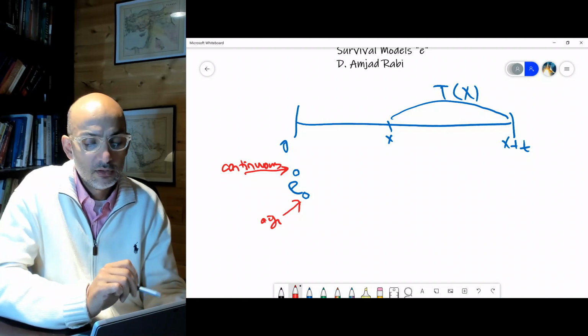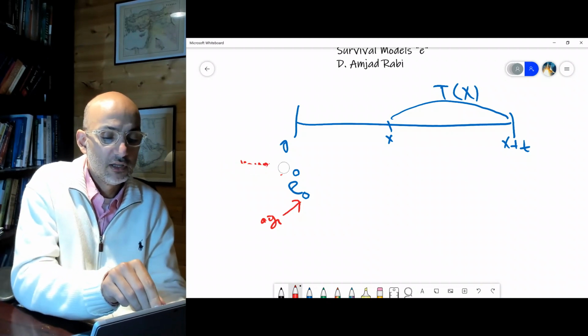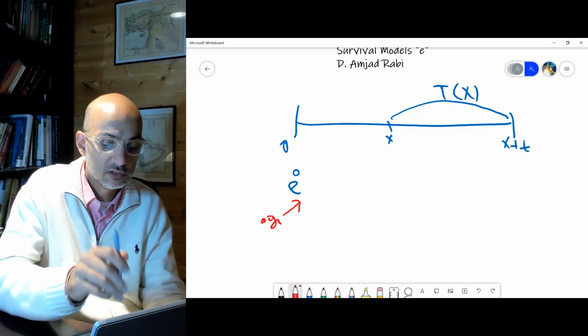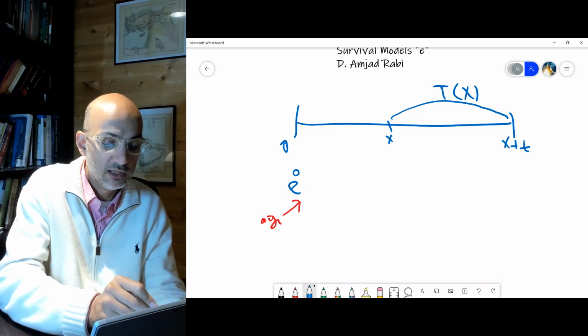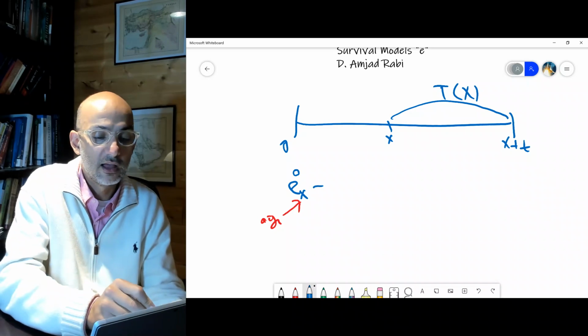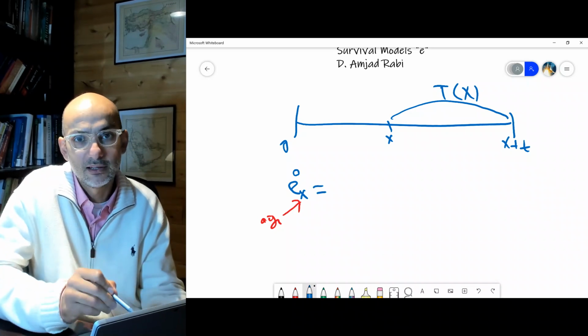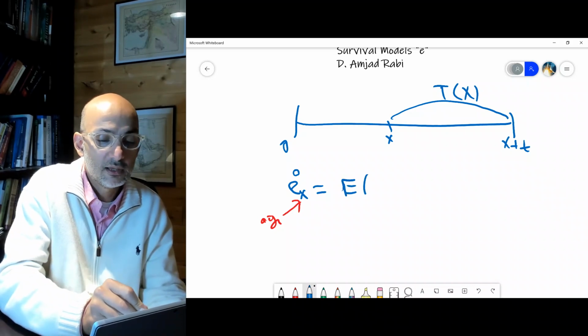What we wanted now is to continue working on continuous, but to change the age 0 into new age x. So this is the expected remaining lifetime, or the expected T of x.